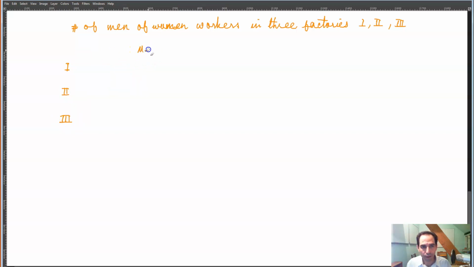So these are the men workers and these are the women workers. In factory 1 we have 30 men workers and 25 women workers. In factory 2 we have 25 and 31. And in factory 3 we have 27 and 26.